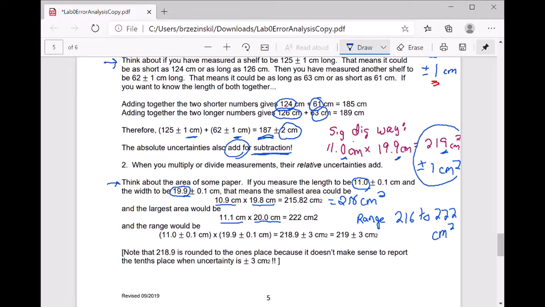And that is a 6 square centimeter range. And so if you divide that in half, you get a plus or minus 3 centimeters. So 219 plus or minus 3 square centimeters could be as small as 216 square centimeters or as large as 222 square centimeters.